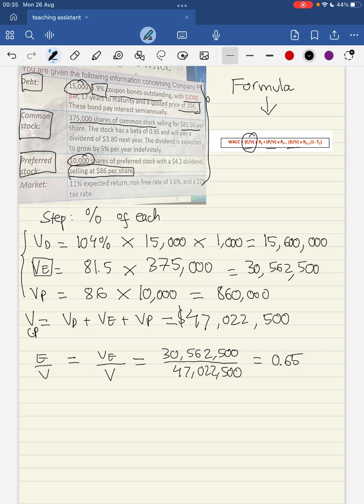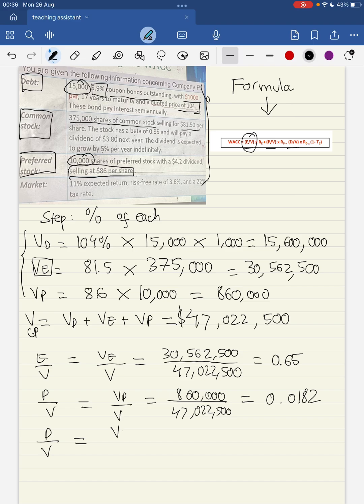And similarly, P divided by V will be equal to VP divided by the total value, V of C.P, and this will be equal to 860,000 divided by 47,022,500, which is equivalent to 0.0182.